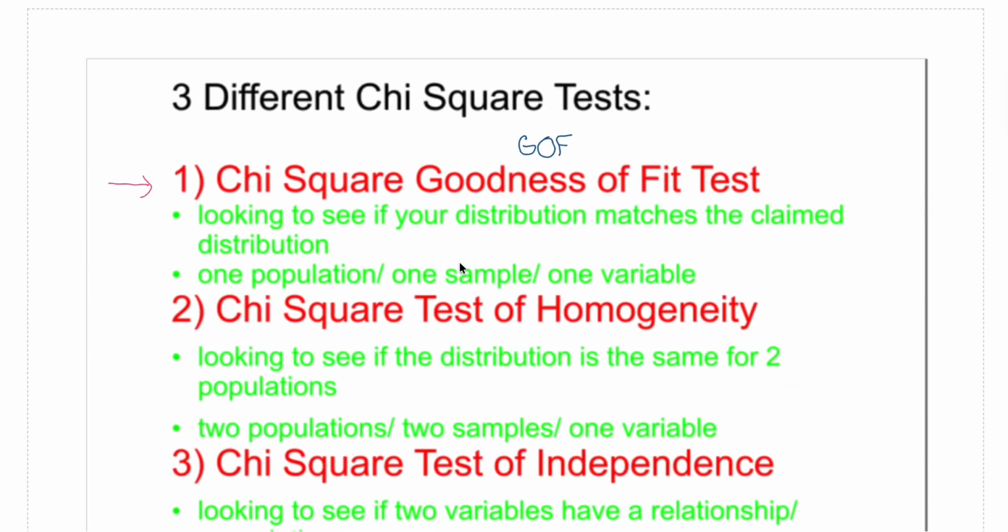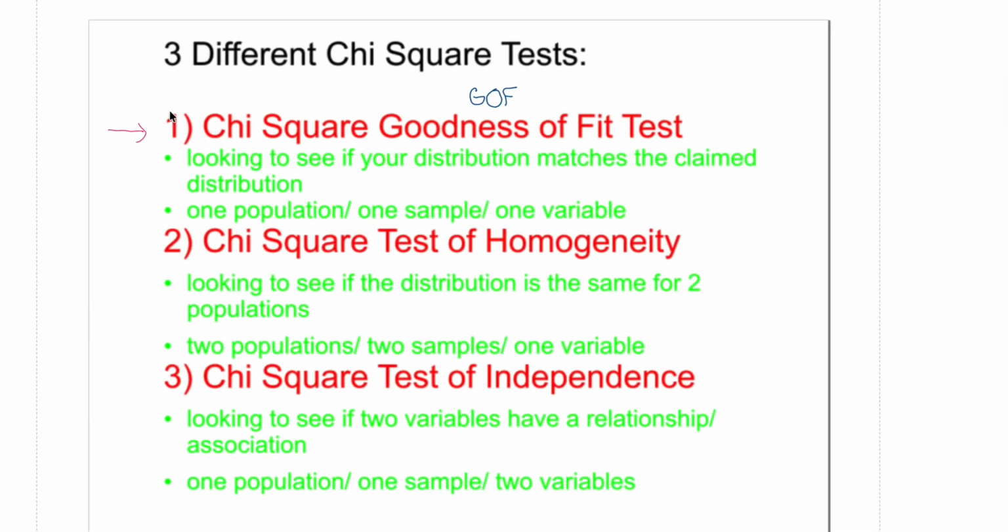So what is a chi-square test? There are 3 different chi-square tests. The first one is the chi-square goodness of fit test, which is also the one that we're going to focus on today. The other 2 we're going to introduce later in other videos, but in here we're just going to introduce GOF. It looks to see if your distribution matches the claimed distribution, and it involves one population, one sample, or one variable.